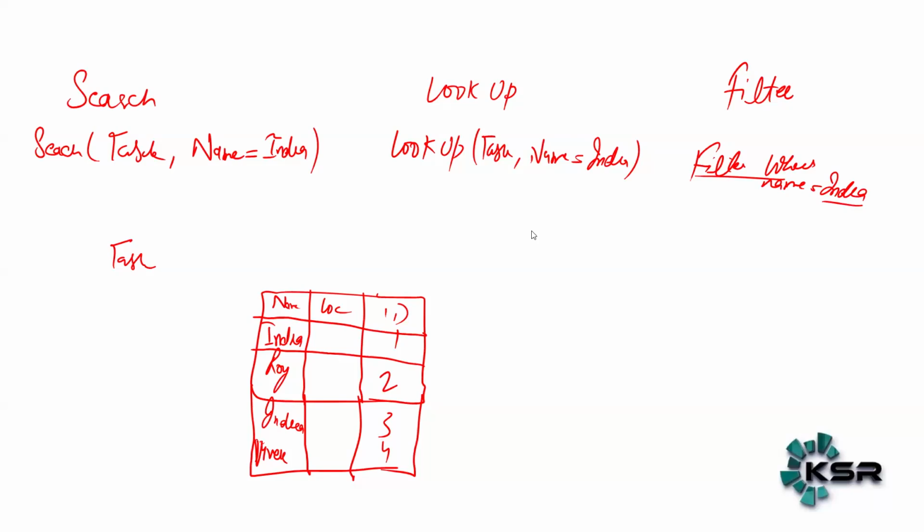In filter, it will be 2 and 4. Okay, in filter you will get 2 and 4 rows, right? Yeah. Okay, in search? In search, maybe we will get all, 1, 2, 3, 4. Okay.